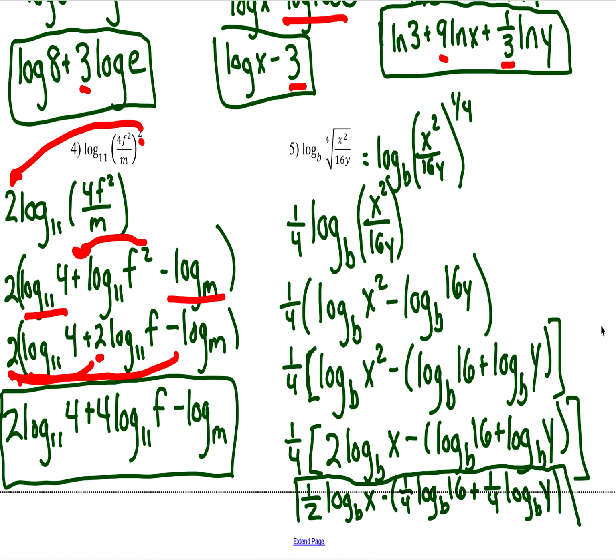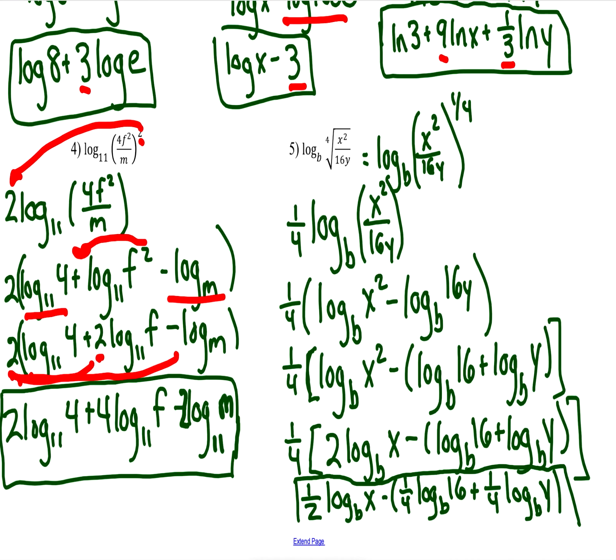Be careful, it's so easy to do. So that would be minus 2 log m. And let me change that. It is not log m, it is log base 11 of m. So that should be number 4.